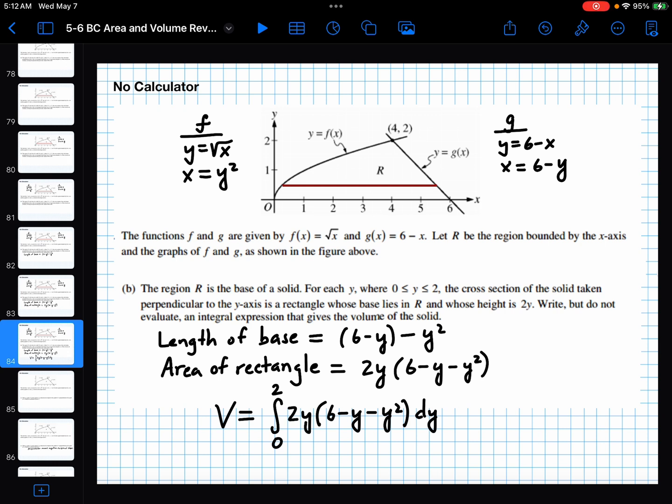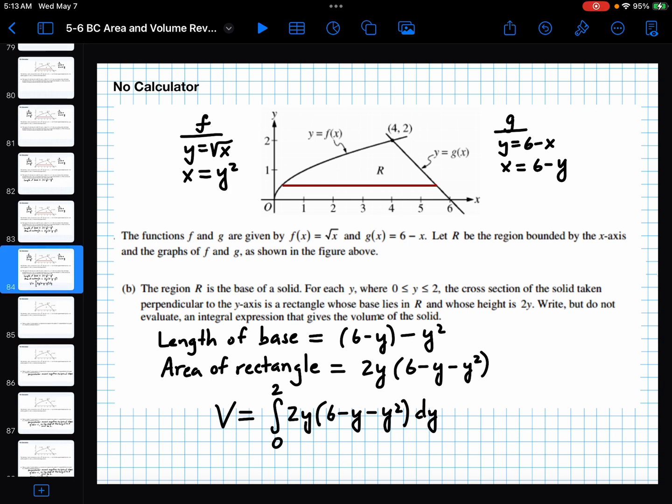Now, not allowed a calculator here, although now that I'm thinking about this, it might actually be a calculator question. Hold on just a second. Nope, this is not a calculator question, although it says write but do not evaluate an integral expression that gives the volume of the solid. So that's it. I don't have to go any further than that for part B.